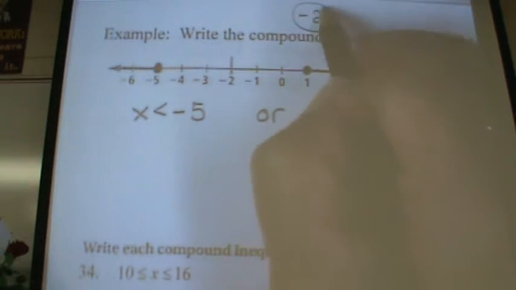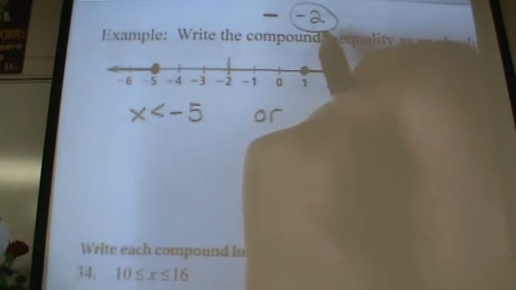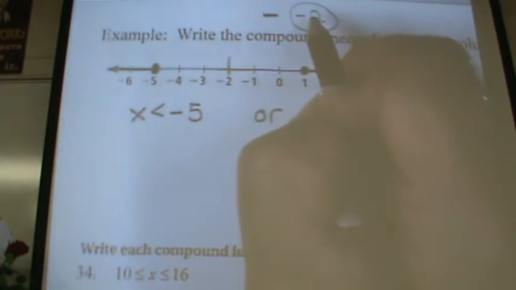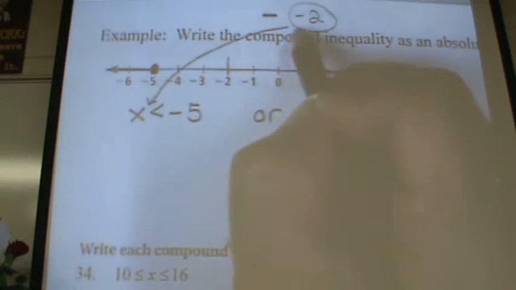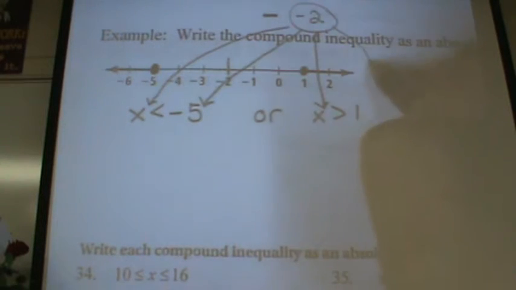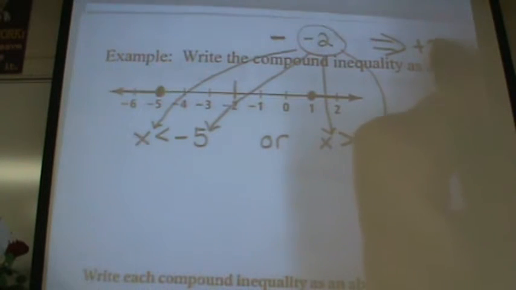You're going to take the halfway number and always subtract it from here, here, here, and here. But what's another way of subtracting a negative number? Adding. So does everybody agree that this is really adding 2? You subtract a negative, you're really adding 2.